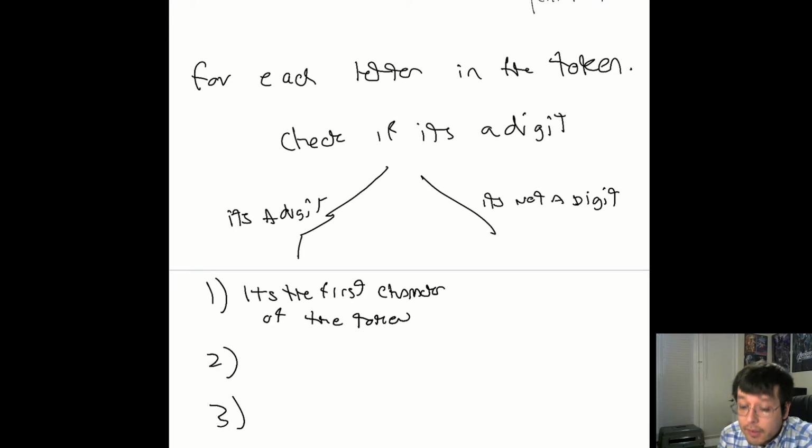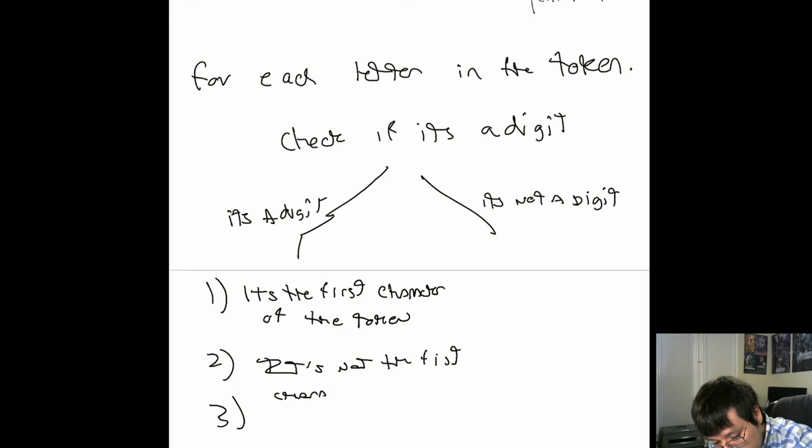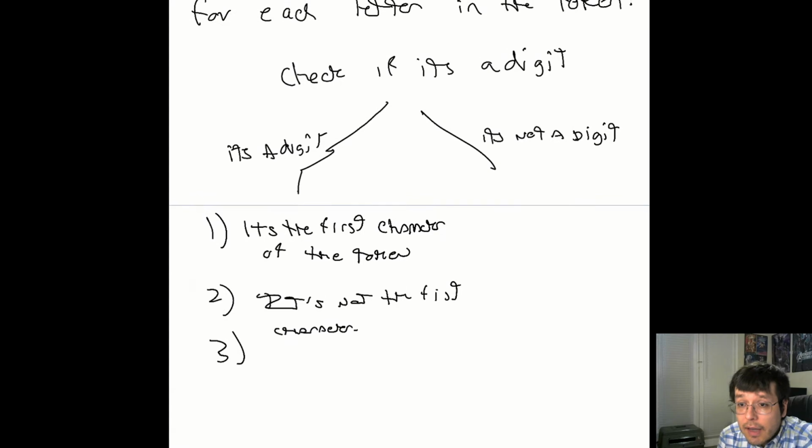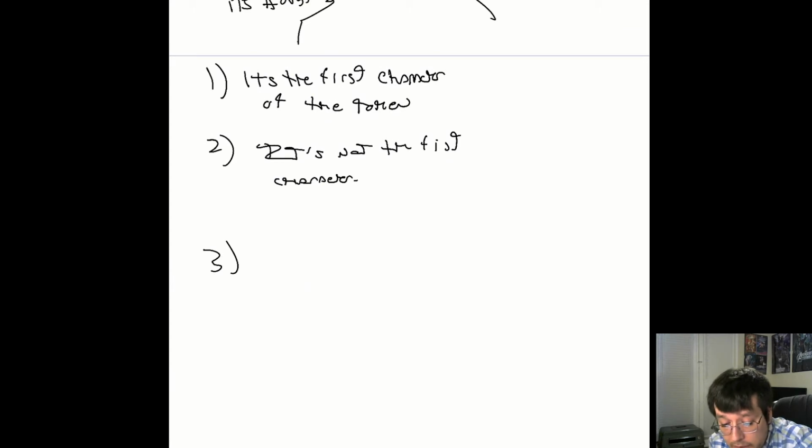The other scenario is that it's in the middle, meaning that it's not the first. So I'm going to say it's not the first character. And finally, within the not-the-first case, there are two possibilities. One of them is that it's not the first character, but it's also not the last character.